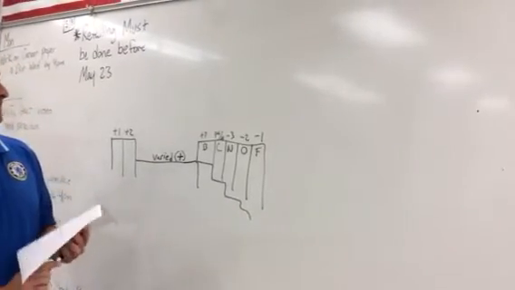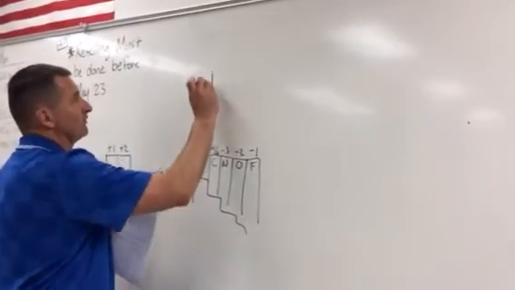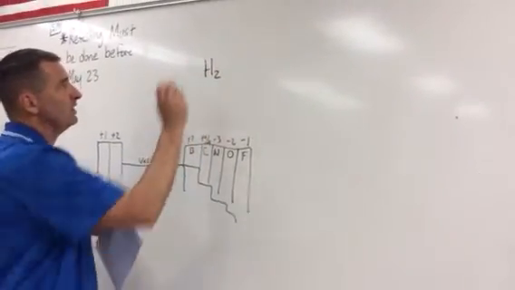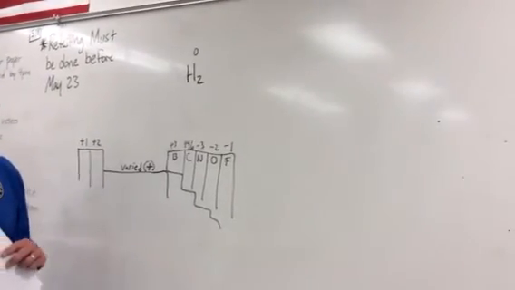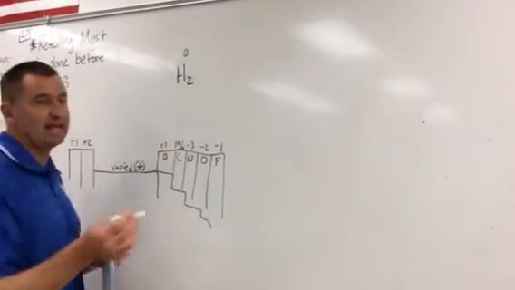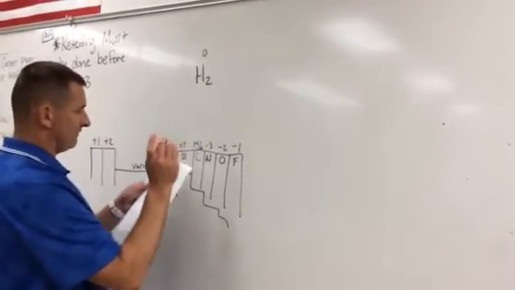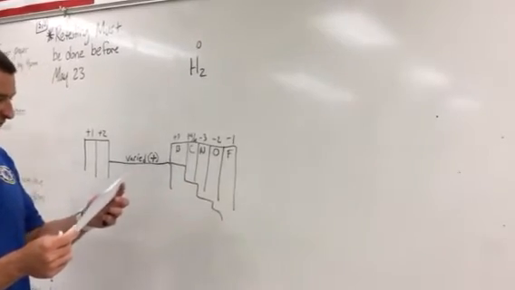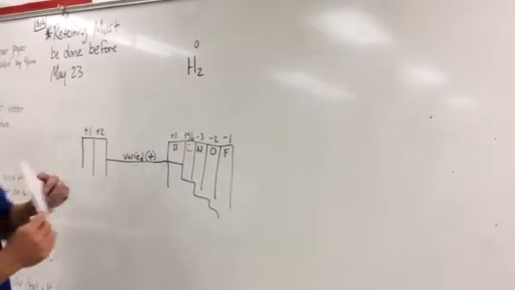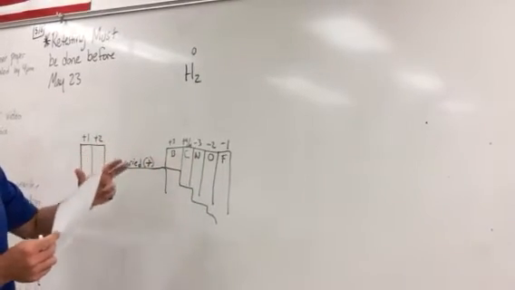Another thing is a diatomic element is always going to have an oxidation number of 0. So if you see H2, you're just going to assign that a 0 oxidation number. Also, any element that is by itself is going to have an oxidation number of 0.